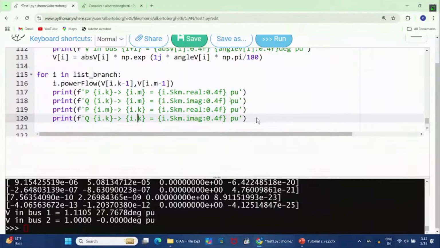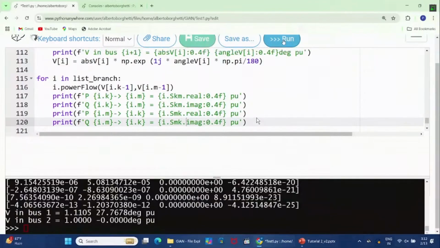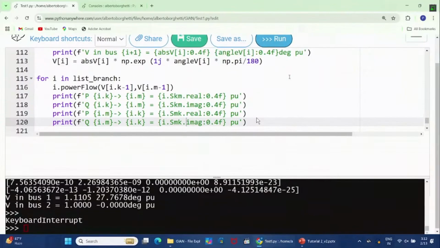So we have the flow from m to k, and it is always mk and mk here. Save. Run.